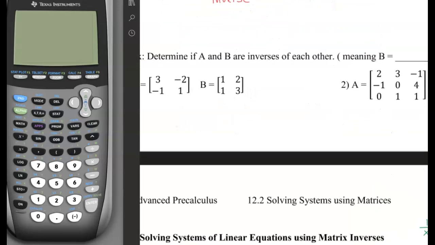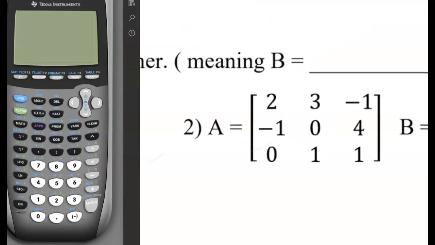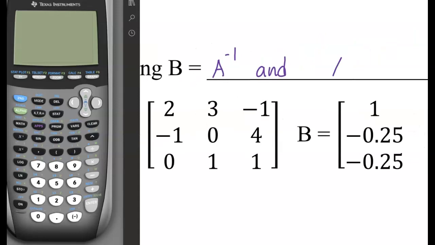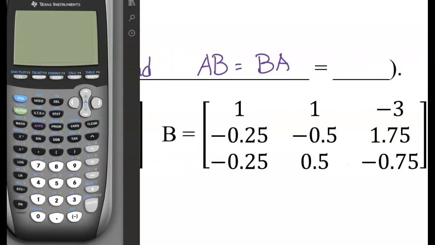But right here, if we're trying to figure out if two matrices are inverses, remember, if they are inverses, it means B is equal to the inverse of A. And if they are actually inverses, when I multiply matrix A times matrix B or matrix B times matrix A, do you guys remember what I said it would equal last class?